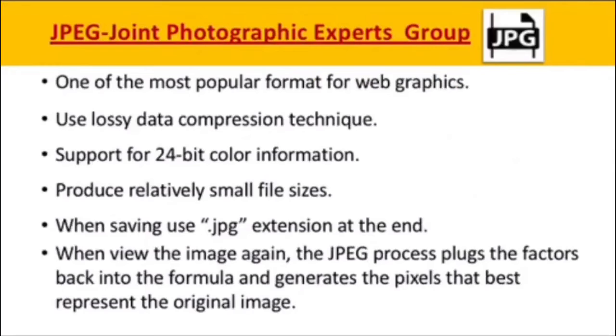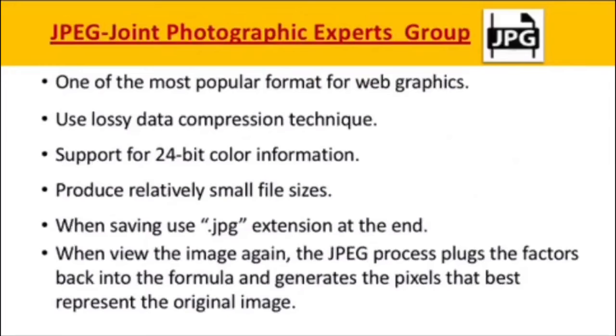JPEG, Joint Photographic Experts Group, is one of the most popular formats for web graphics. It uses a lossy data compression technique, supports 24-bit color information, produces relatively small file sizes when saving, and uses the .jpg extension at the end.